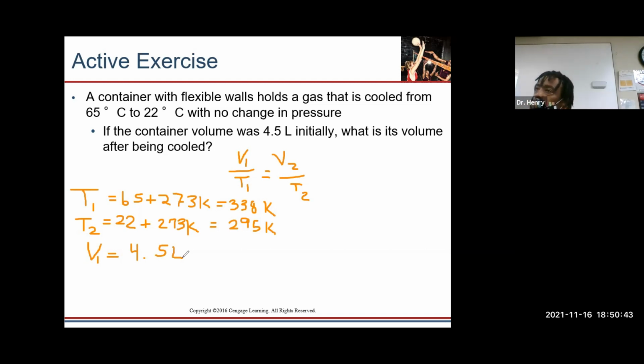Okay, so then all we need to do is solve for V2, right? So manipulate the equation: V2 equals V1 over T1 times T2.